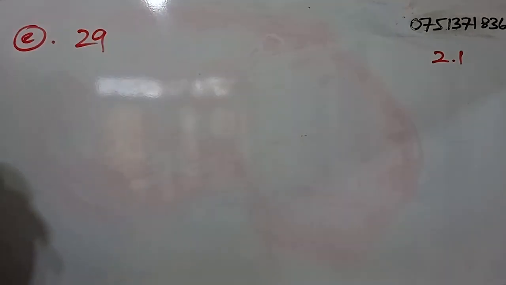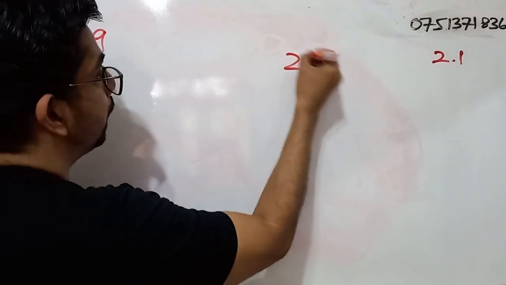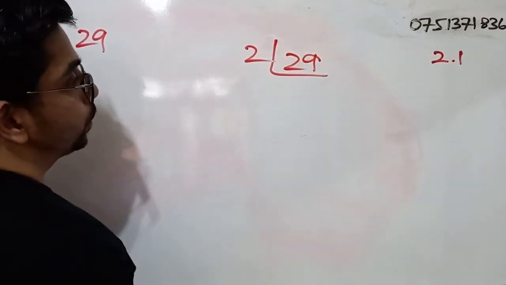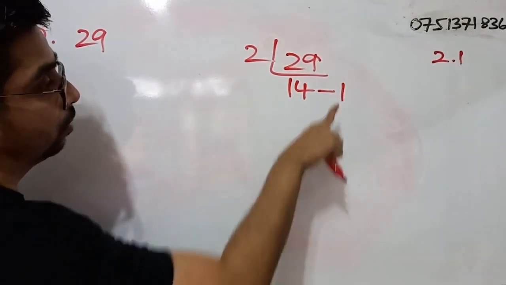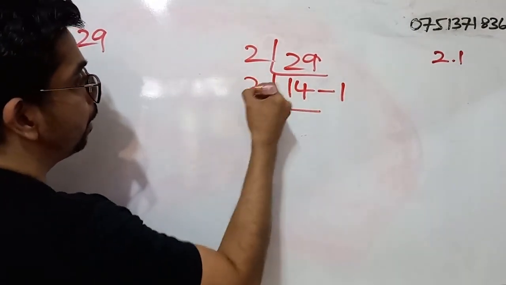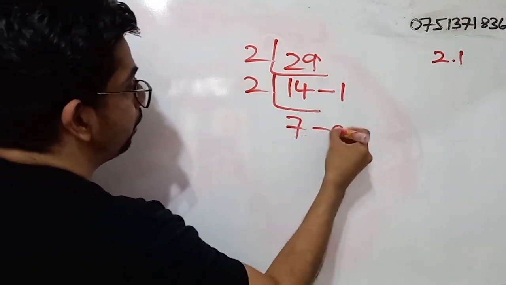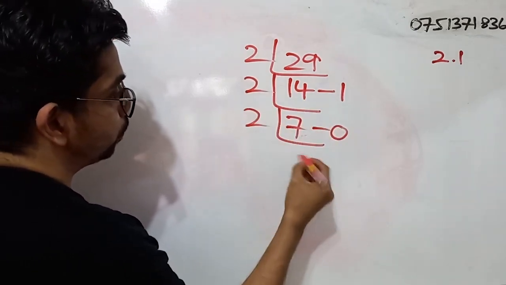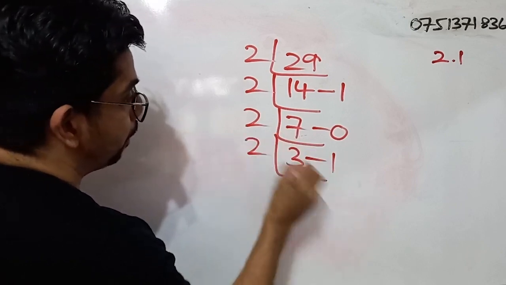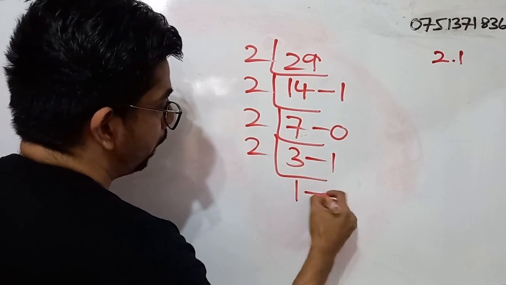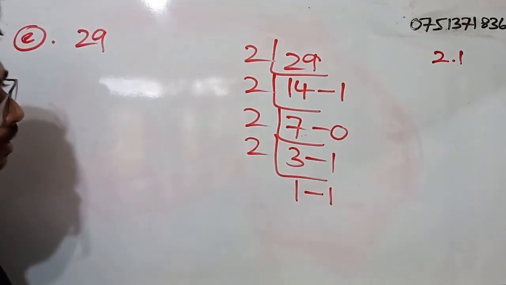E, we have 29. So take 29 and we will divide it by 2. So here we get what? 14 and 1 as a remainder. Again we will divide by 2. So we will get 7 with no remainder. Again we will divide by 2. So we will get 3 and 1 remainder. Again we will divide by 2. So we will get 1 and 1 as a remainder.